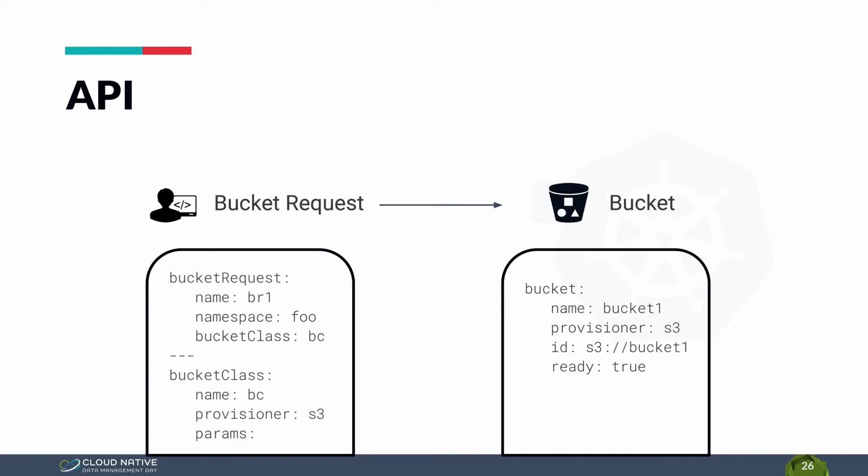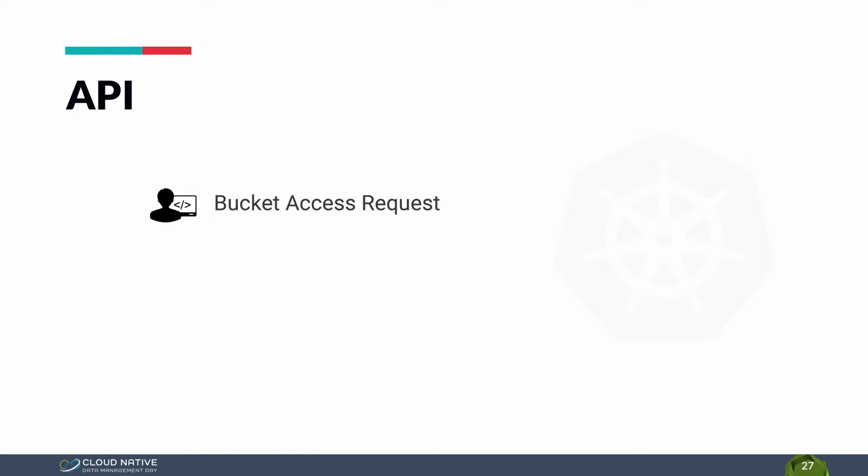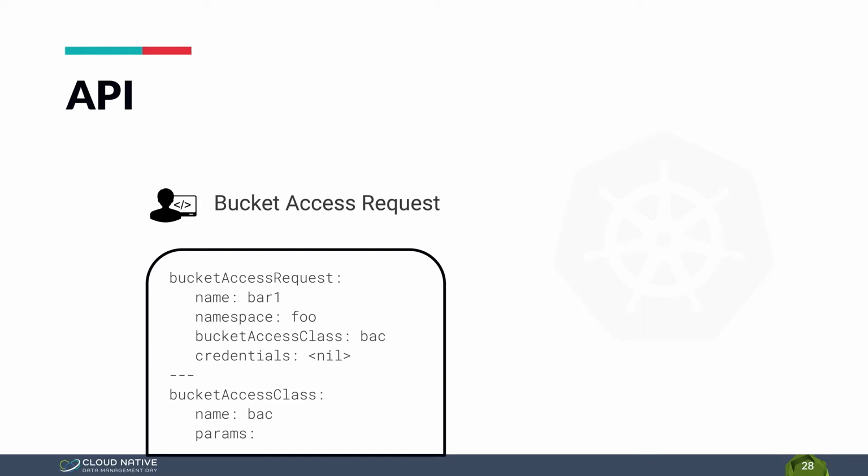Now, once the bucket is created, it's ready to be used. In order to use it though, you'll have to request credentials for that bucket. Again, declaratively, we model this as bucket access request. It's a declarative API, a CRD that expresses the intention to access a bucket. This is what the resource looks like.